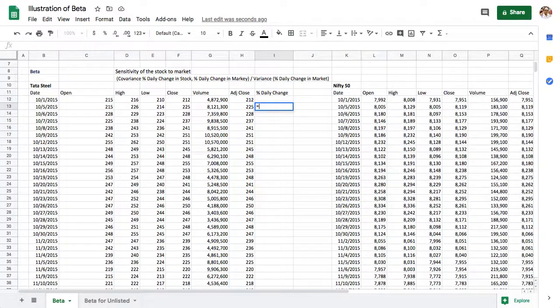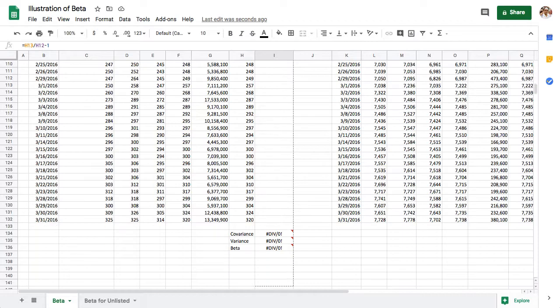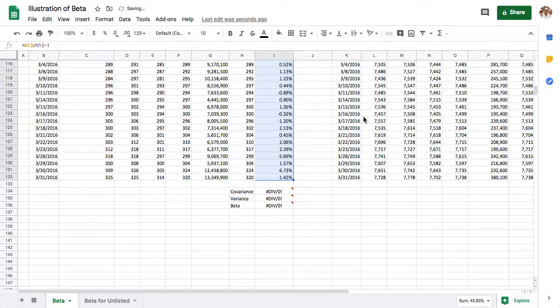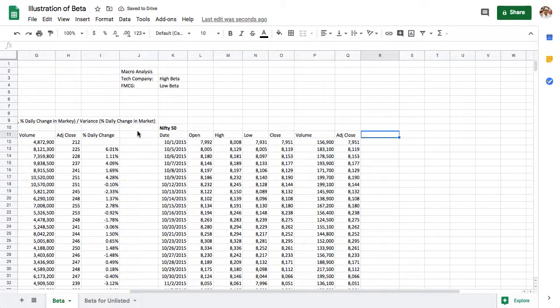So what I'll be doing is calculating percentage change. This divided by this minus 1, this is 6%. I'll just drag this down. And similarly for the market data.